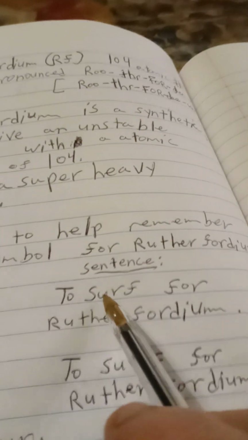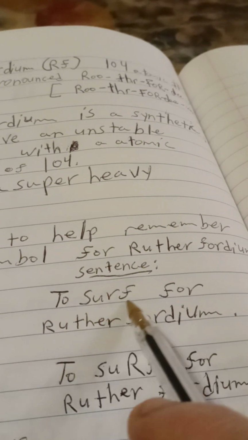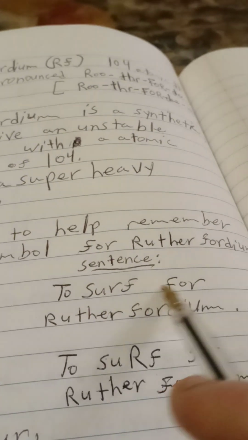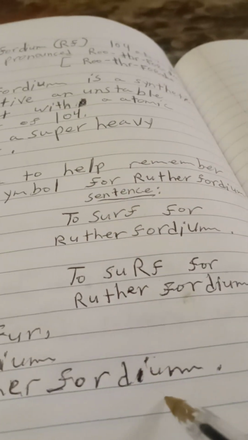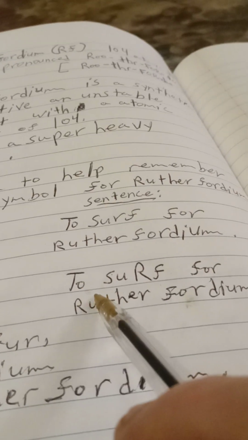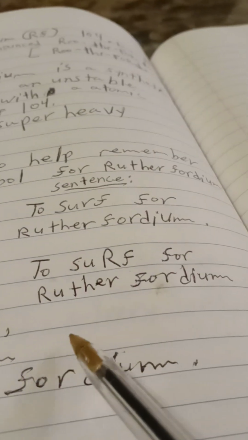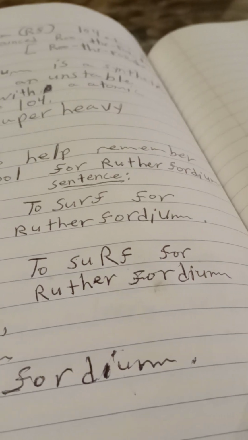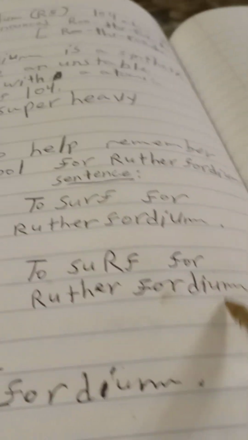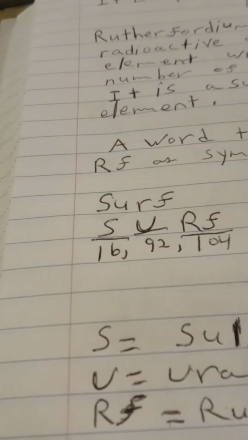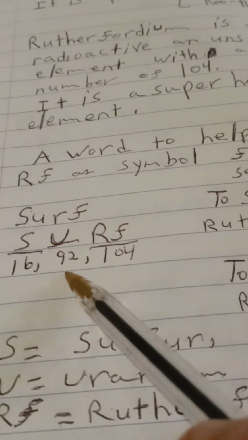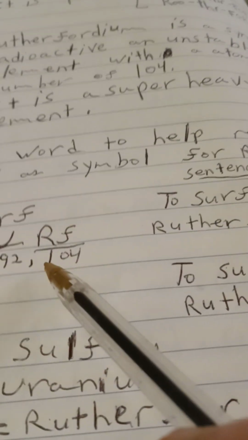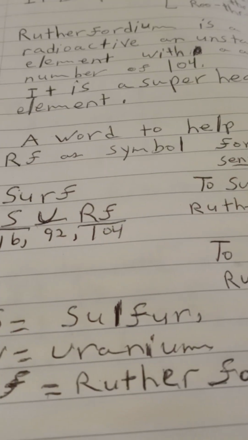Here's the sentence to memorize it: to surf for Rutherfordium. So you go to your computer and you're going to search for the word Rutherfordium. That's a good sentence to use, okay? Now, remember, the S is for sulfur, the capital U is for uranium, capital R and small f is for Rutherfordium.